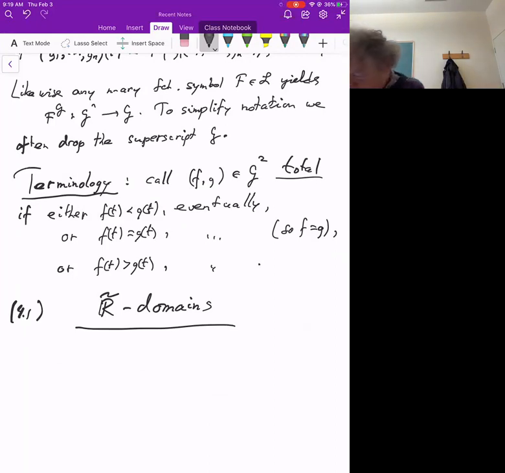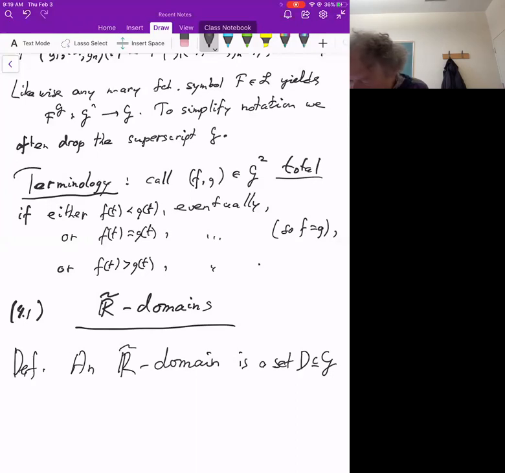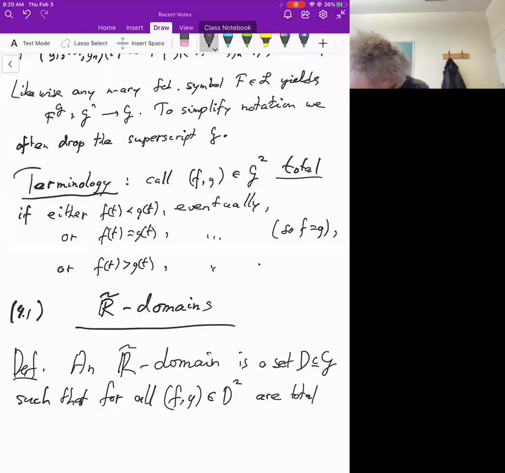So, an R tilde domain, definition: an R tilde domain is a set D of germs, not necessarily continuous, although in practice they will be, such that first of all, all pairs in this set are total, and it is closed under these operations F^G, where F is an L-function symbol, and F^G(G1, ..., Gn).